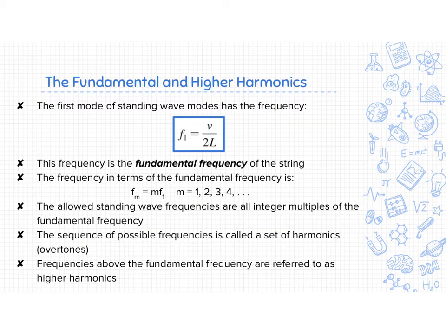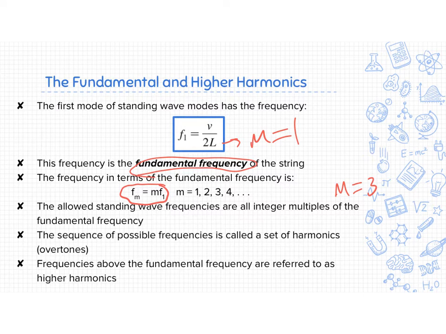Now, when we find that first frequency that causes a mode number of 1, this is known as the fundamental frequency. The fundamental frequency says that if I have this frequency, I will get a standing wave with 1 antinode. Now, what's really easy, once we get that standing wave, is that if I want a mode number of 3 and I want 3 antinodes, all I have to do is take whatever my fundamental frequency is and multiply it by 3.